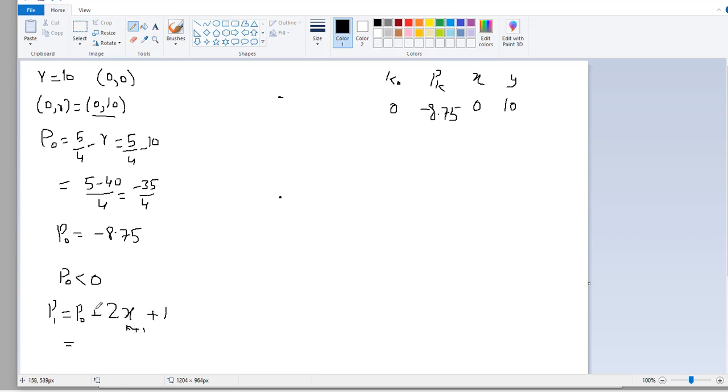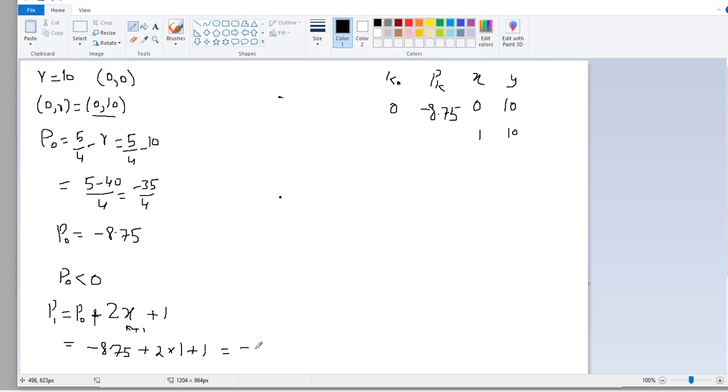This is equal to what? P0 is minus 8.75, then plus 2 times xk plus 1. Actually we need to draw the xk plus 1, which was this point, 1 and 10, because we don't increase the 10. So xk plus 1 is 1, plus 1. So that is 2 into 1 is 2, plus 1, 3, and minus 8.75.